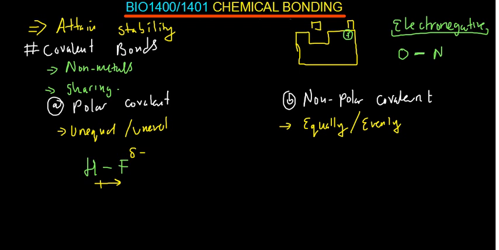No, they are just closer to fluorine than they are to hydrogen. Alright, at the same time, since hydrogen lacks electrons, hydrogen is going to have a partial positive charge, while fluorine has got a partial negative charge.